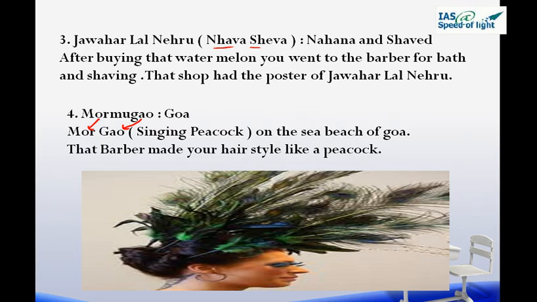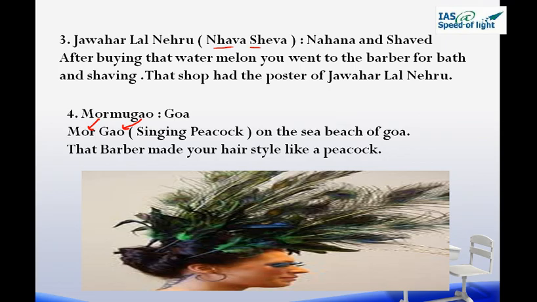Okay. First thing is singing peacock. You are on the sea beach and we are seeing a peacock who is singing. Okay, so Mor Mugao or Morgao on the sea beach of Goa, right? And now for that barber shop in our journey, that barber made your hairstyle like a peacock, like this particular hairstyle.